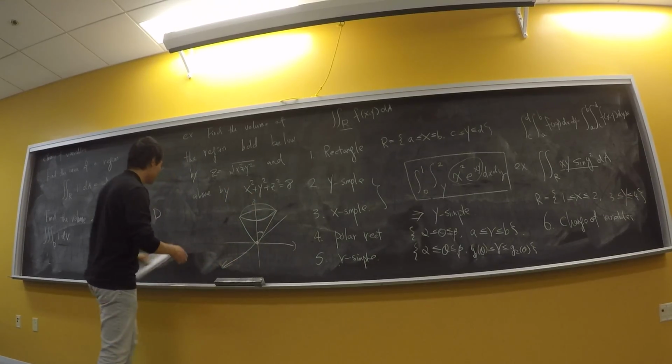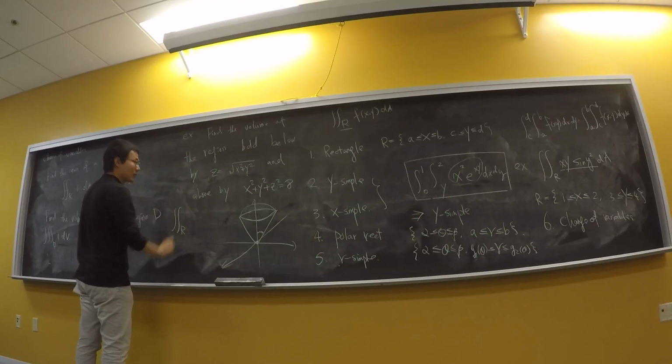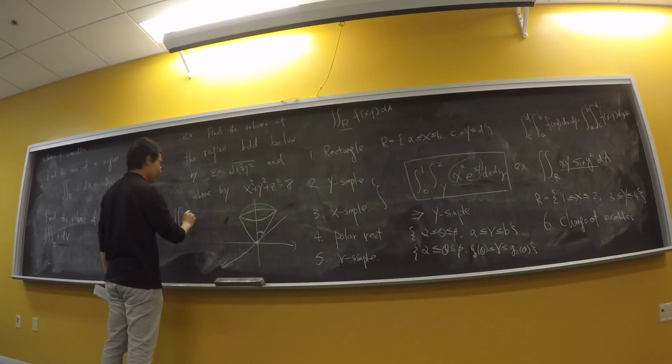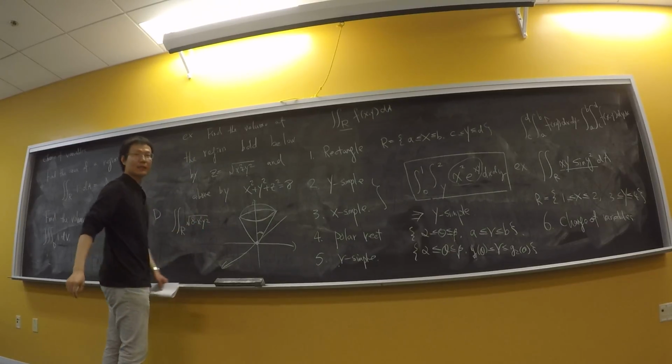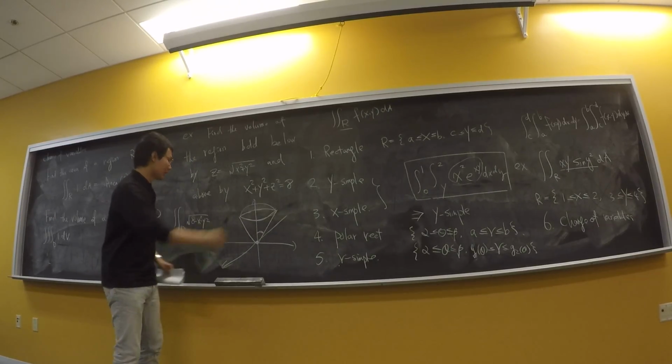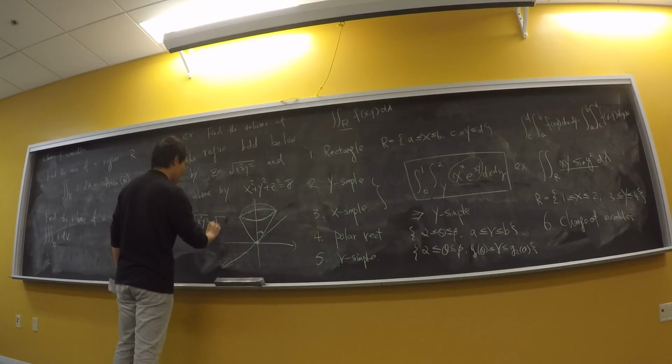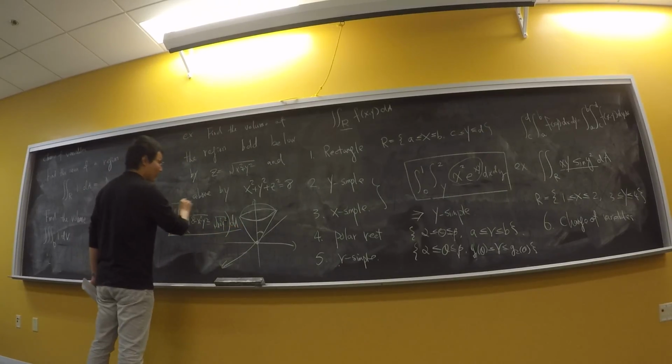You're simply taking the double integral of the function on the above, which is square root of 8 minus x squared minus y squared. This is coming from the sphere. The lower function is minus square root of x squared plus y squared. And then dA. This is the double integral.